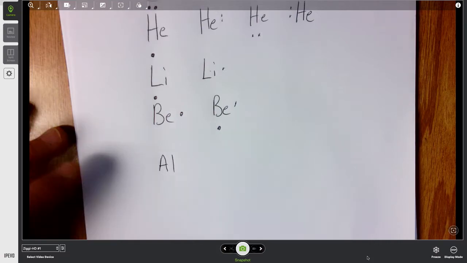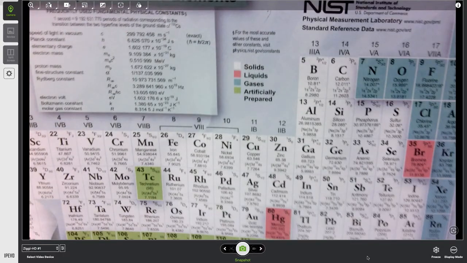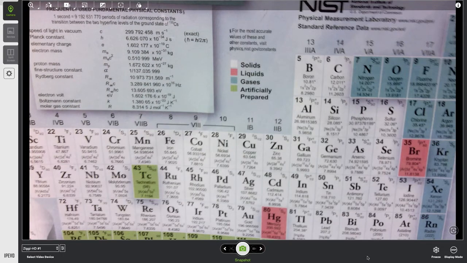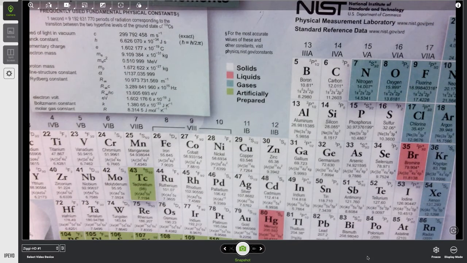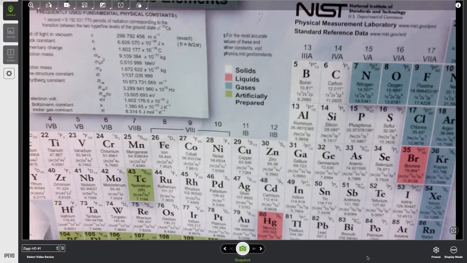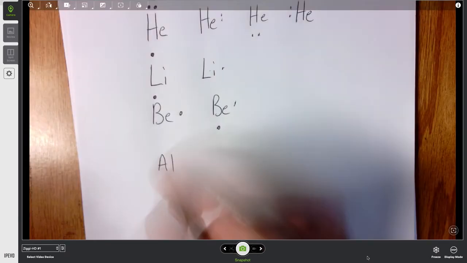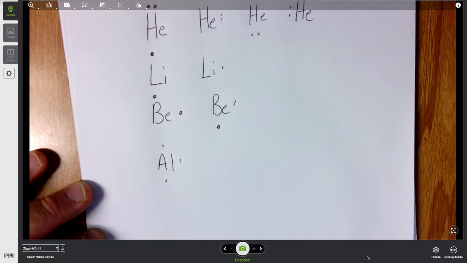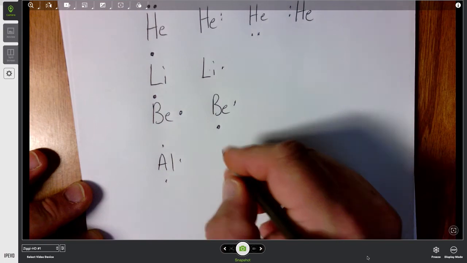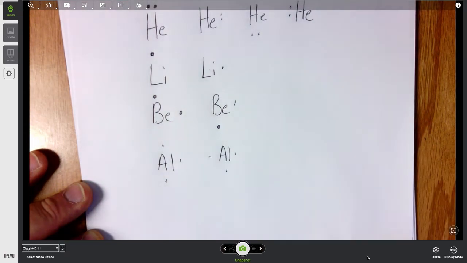Because if you look on our NIST, aluminum is element number 13. It's in group 13 or group 3A. So 1, 2, 3. And like I said, if you need to flip it somehow, you just move the dots.